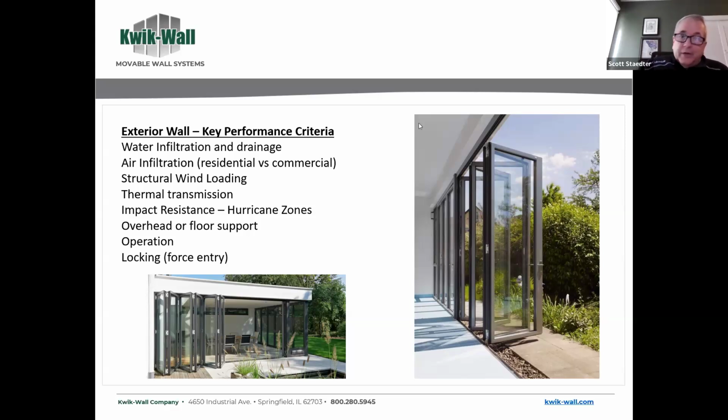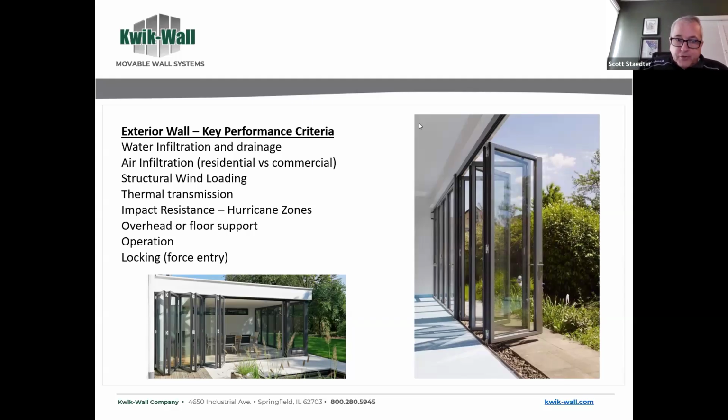You have to have structural wind loading as well, right? So when you're talking about an exterior wall, you've got to make sure that it can stand the forces against the building. You've got to worry about thermal transmission and impact resistance, particularly in hurricane zones. And those hurricane zones keep growing in size and requirements from a code perspective all along the coasts now.